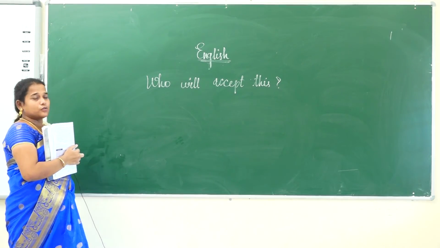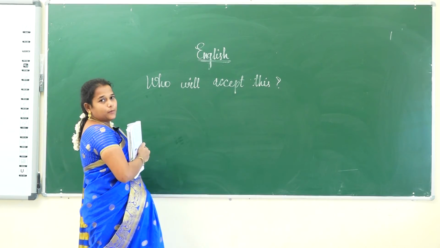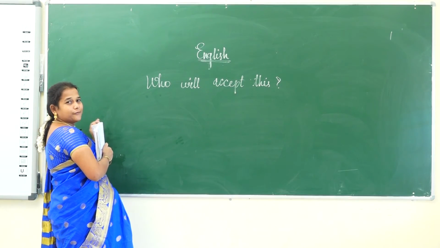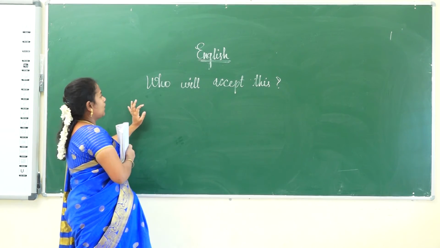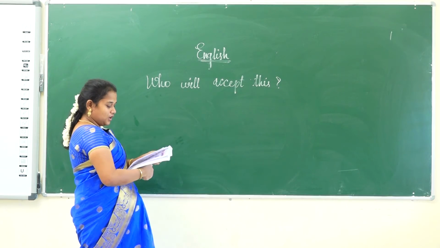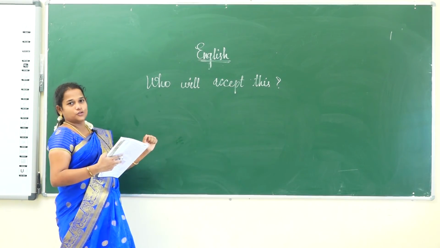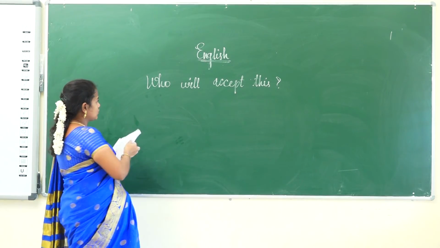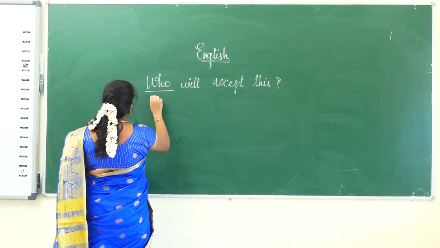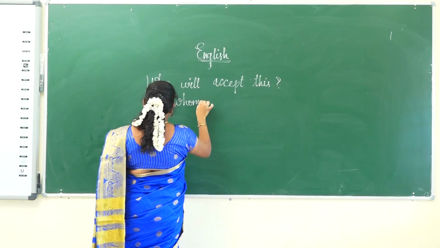Whatever the question word is, if it begins with WH, they all come under WH question. Who, when, where, which, what, how, even how will come under the WH question. Who will accept this? So, how do we change this? This who will convert into by whom. So, by whom, this is the rule.